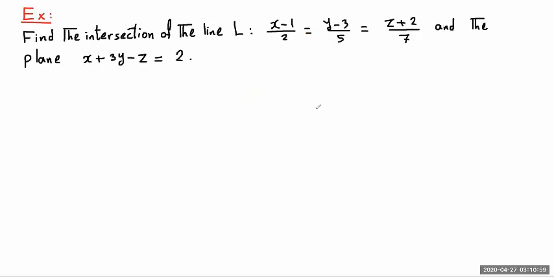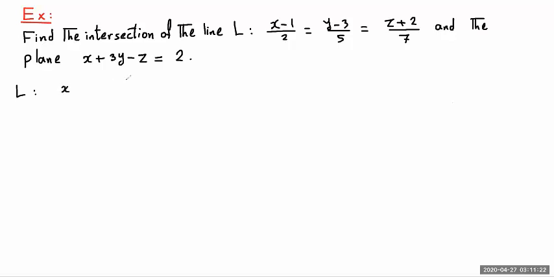The last exercise: find the intersection of the line L, x minus 1 over 2, y minus 3 over 5 equals z plus 2 over 7, and the plane x plus 3y minus z equal 2. To solve this exercise, let's write the equations of the line.